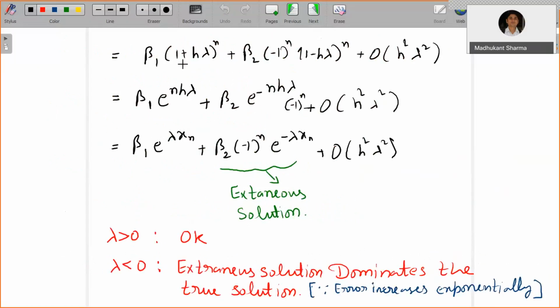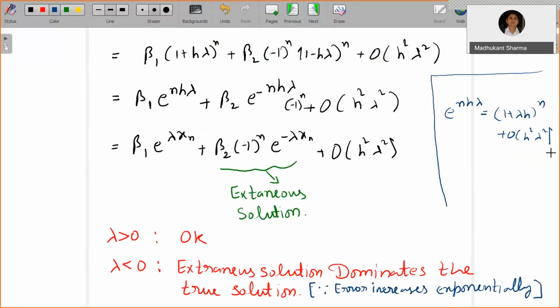Now, we have already established that e to the power n h lambda can be approximated by (1 plus lambda h) to the power n plus O(h squared lambda squared) when we are dealing with Euler's method.